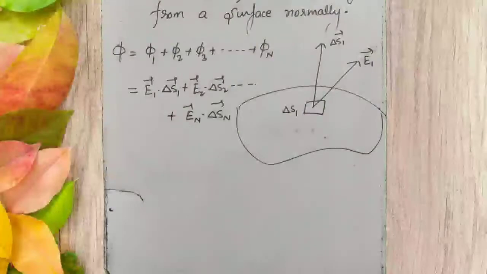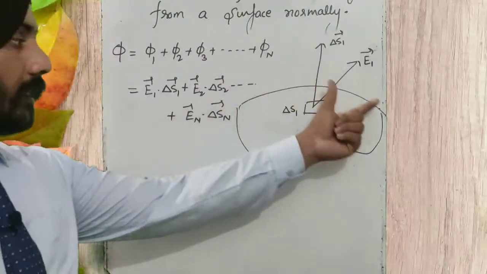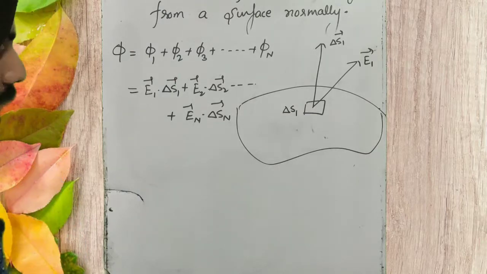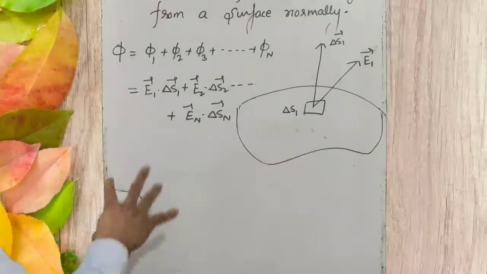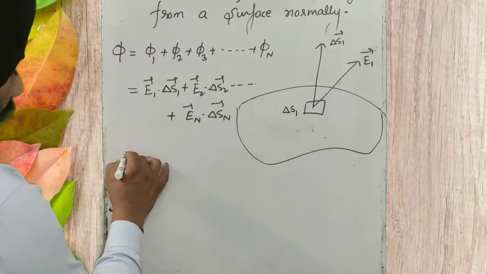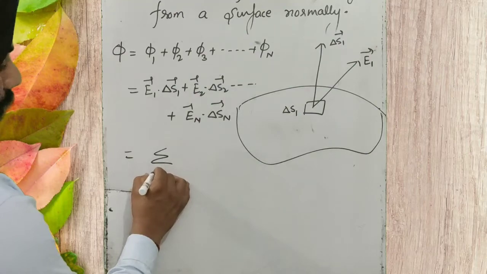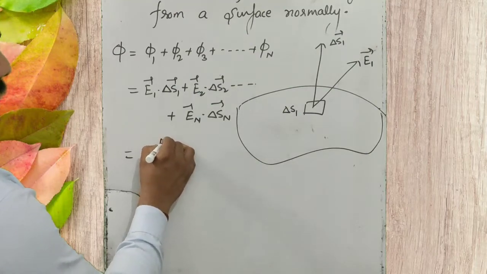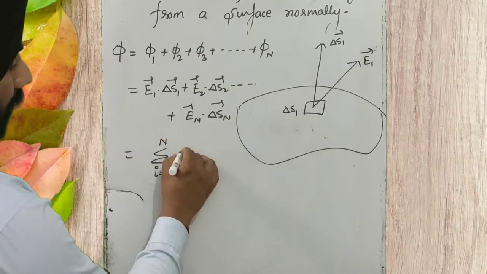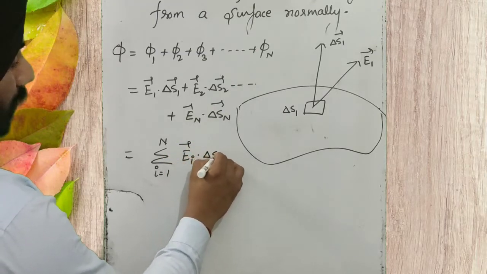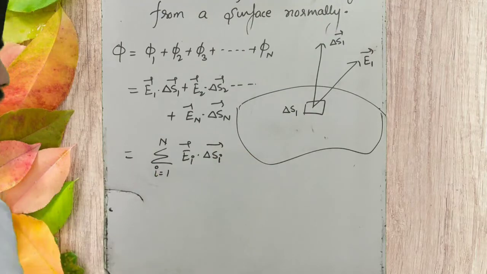This is the total electric flux passing through the surface if we divide it into n parts. Mathematically we can write it as the sum from i equals 1 to n of Ei vector dot delta Si vector.